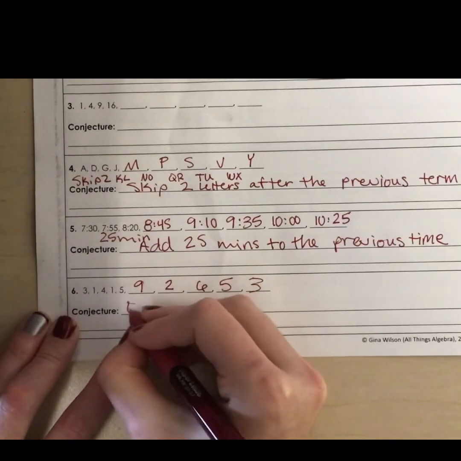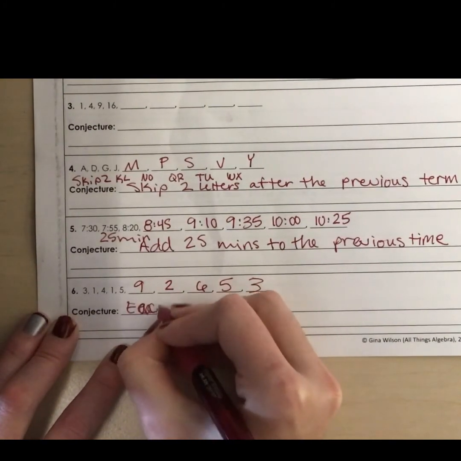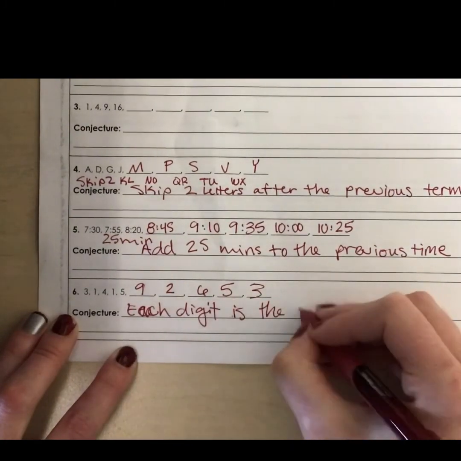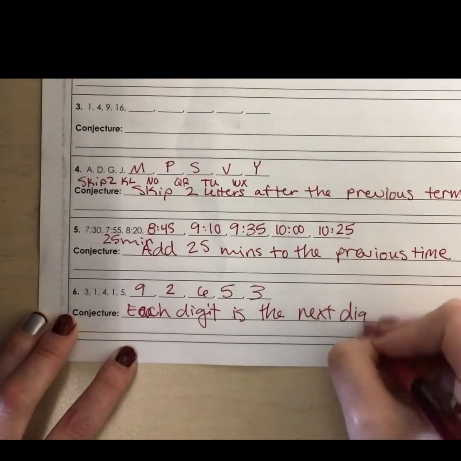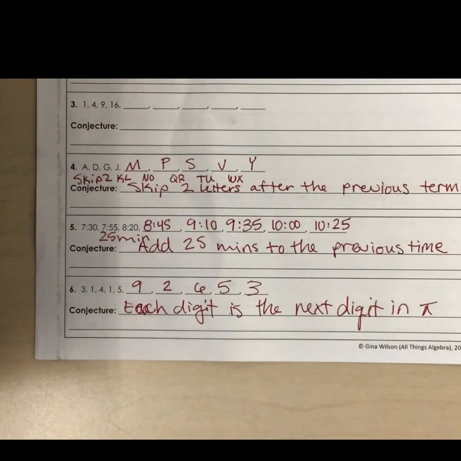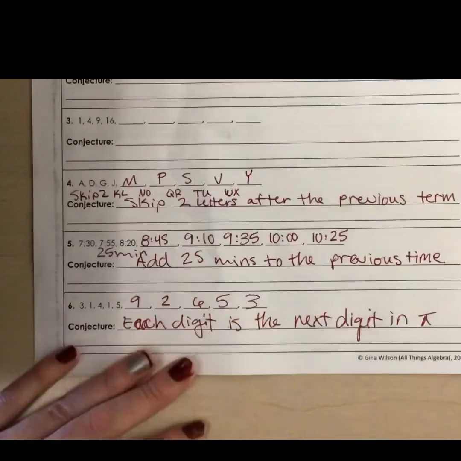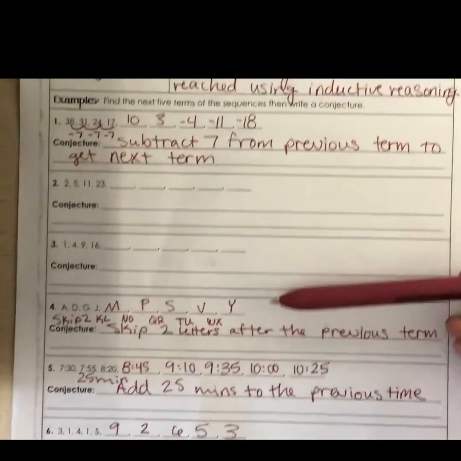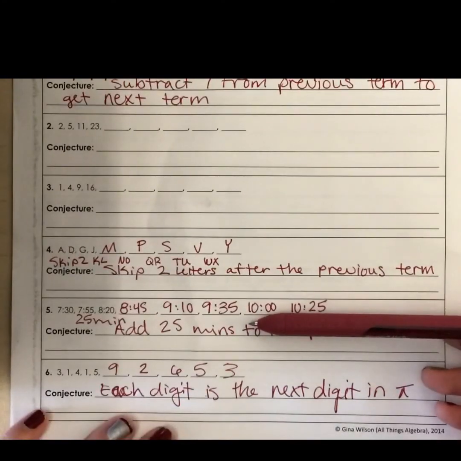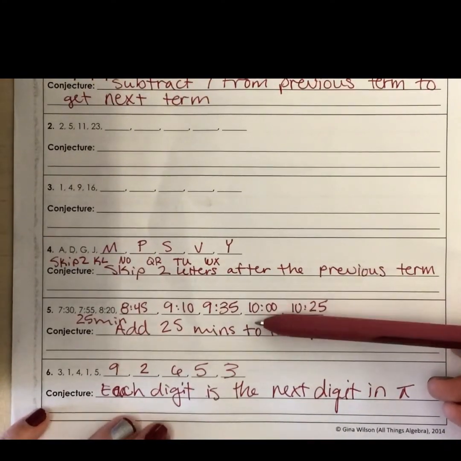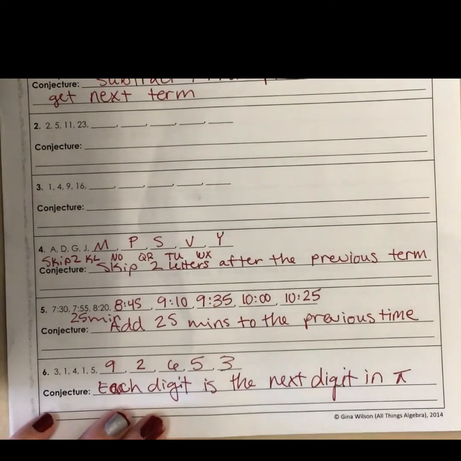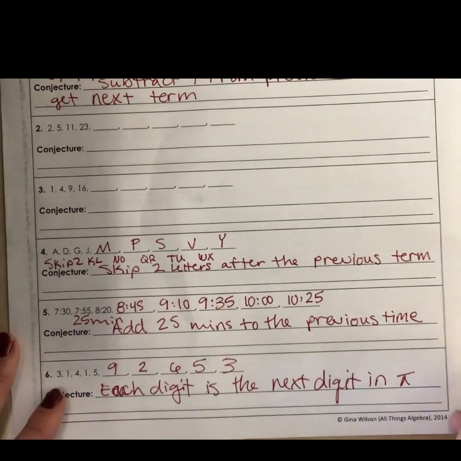And our conjecture would say that each digit is the next digit in pi. So sometimes our conjectures are patterns of adding or subtracting. Sometimes they're skipping certain steps. Sometimes we can think of it as time, maybe shapes, and we're adding on a new side to a shape. Other times it might be a digit. We're adding on the next digit of pi or some other large number.